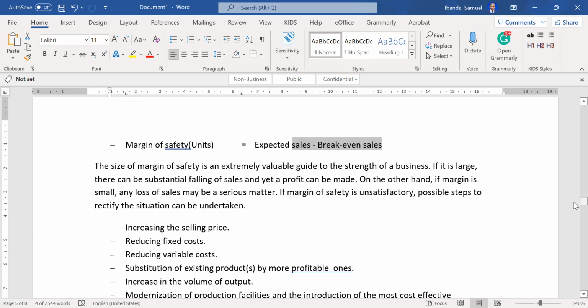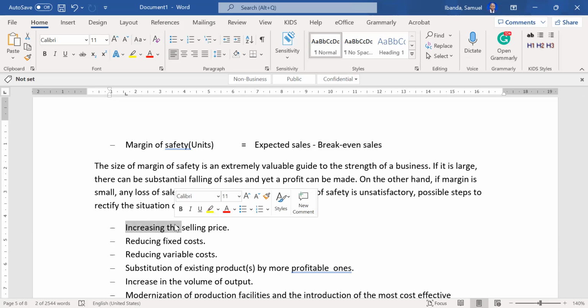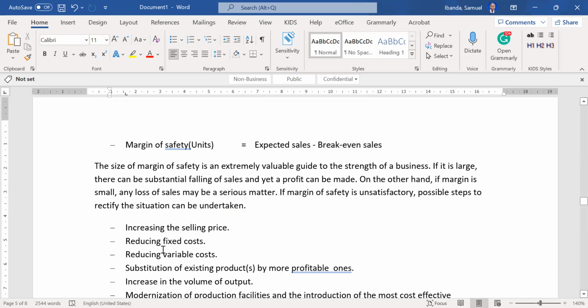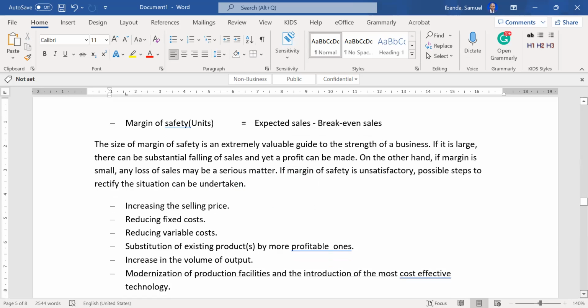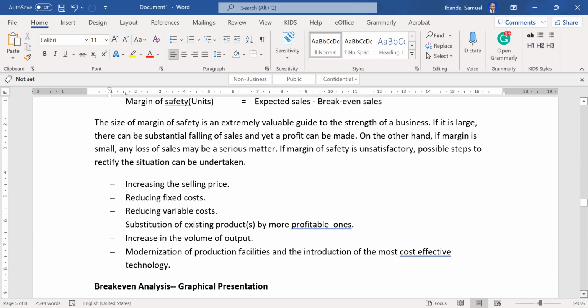So if your margin of safety is unsatisfactory, there are steps you can take: increase your selling price, reduce your fixed costs, reduce your variable costs, substitute existing products with more profitable ones, increase your volume, modernize your production, and so on. Okay, so that is very important.